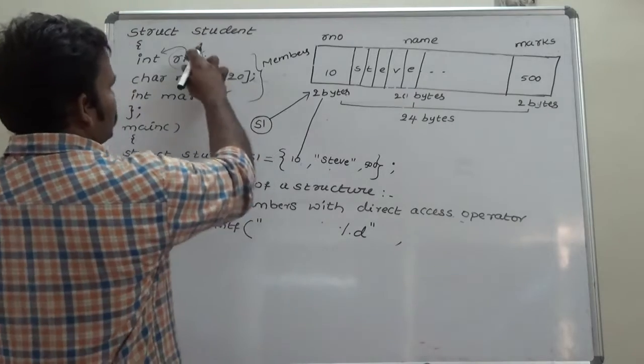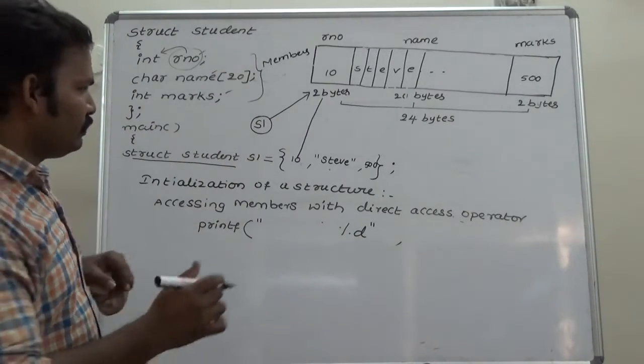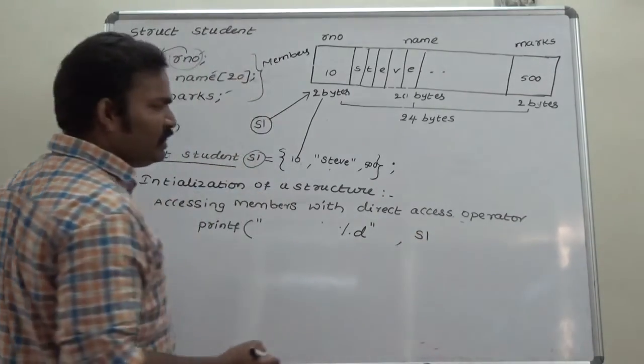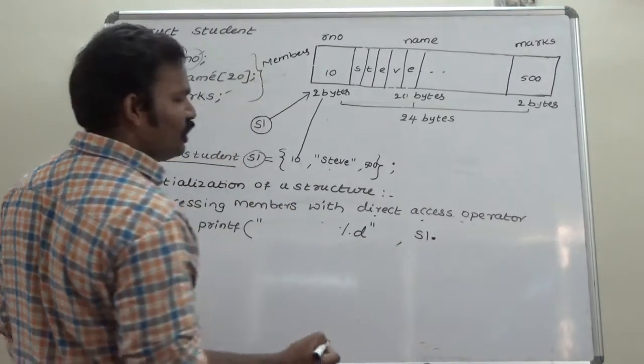Structure members can be accessed with the object. The object here is S1, with the direct access operator. The direct access operator symbol is dot.